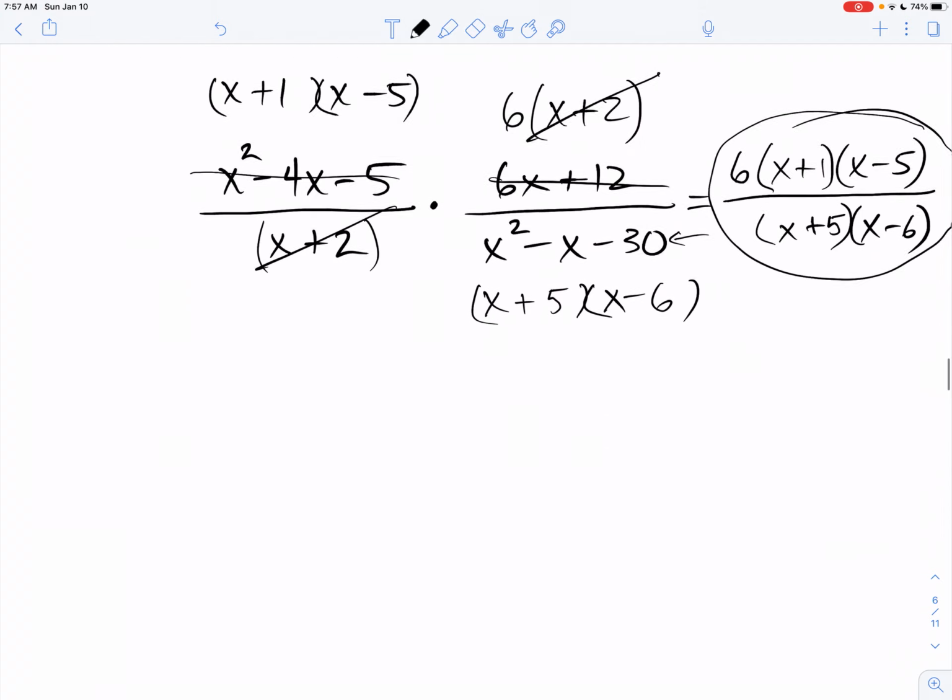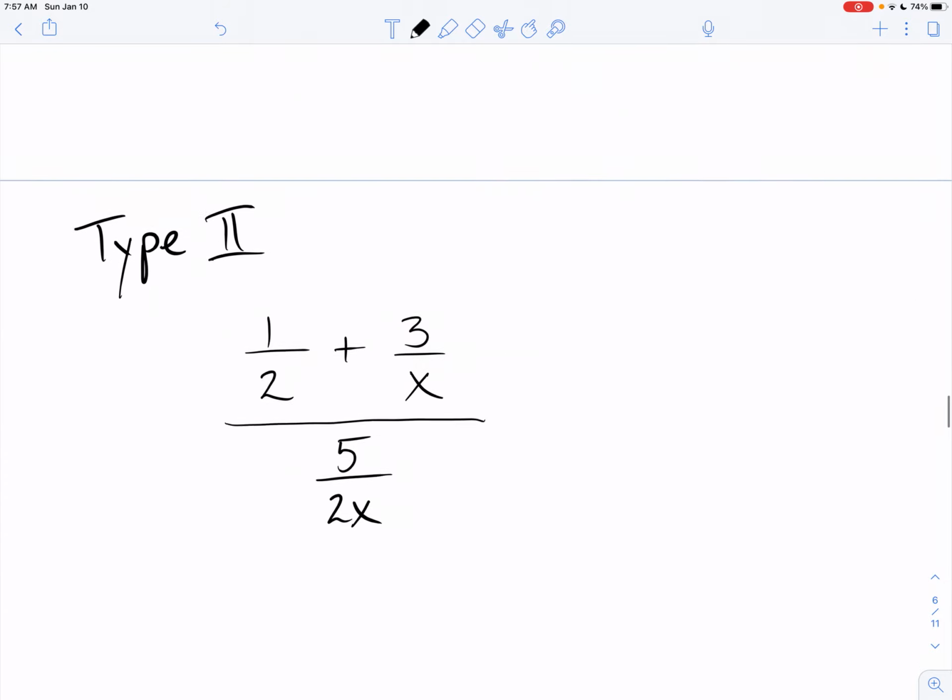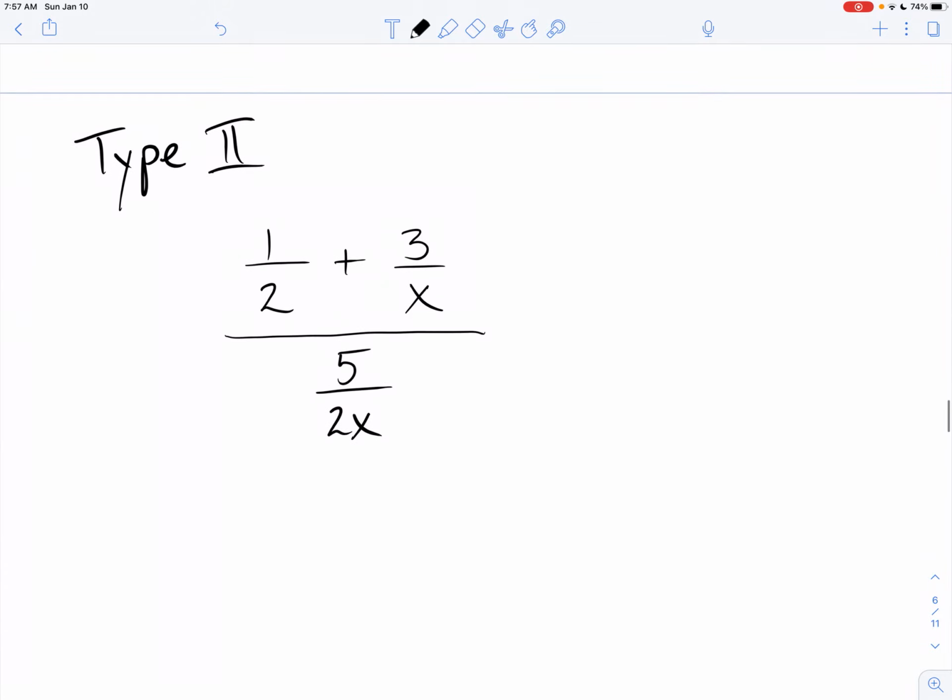So here we go. Let's take a look at something that's type 2. Now, I wanted to start out with something that looks definitely like a type 2. There is 1, 2, 3, 4 fraction bars.